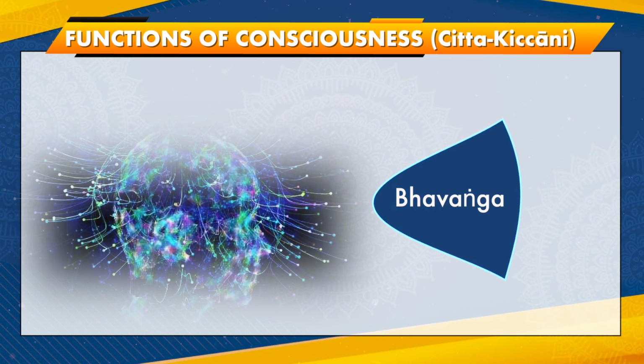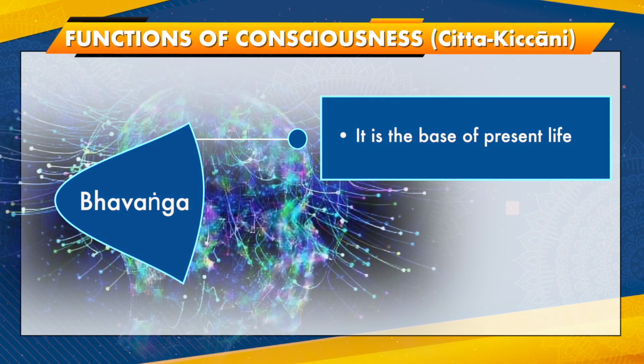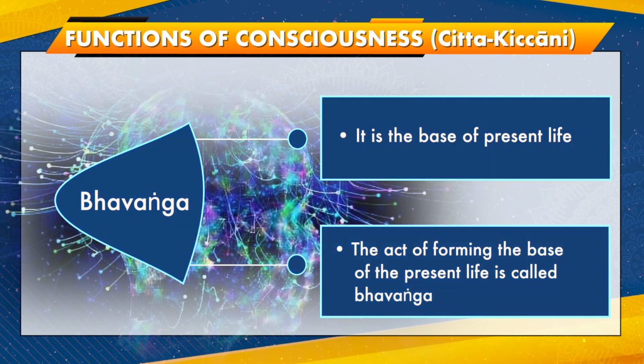Second, Bhavanga. It is the second act in the process of life. It is defined as Bhavasya Angamti Bhavangam. It is the basis of present life. Thus, the act of forming the base of the present life is called Bhavanga. Avicheda Pavati Athe tu Bhavena Bhavasya Anga Bhavo Bhavanga Kicha.